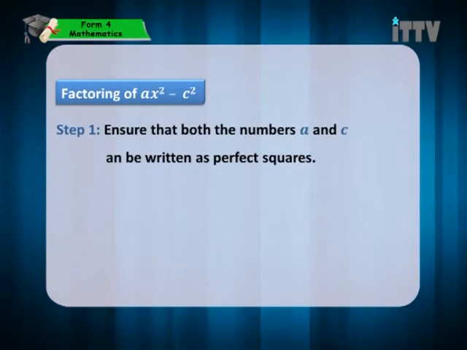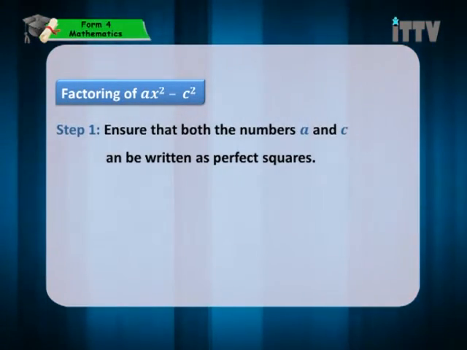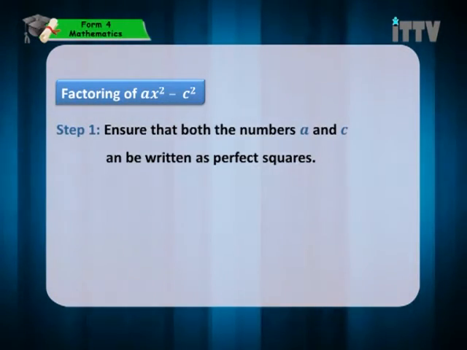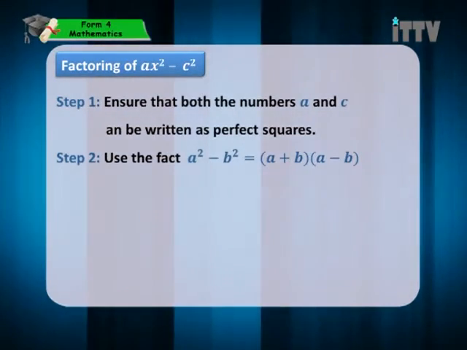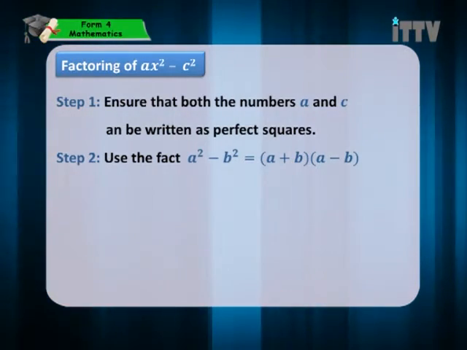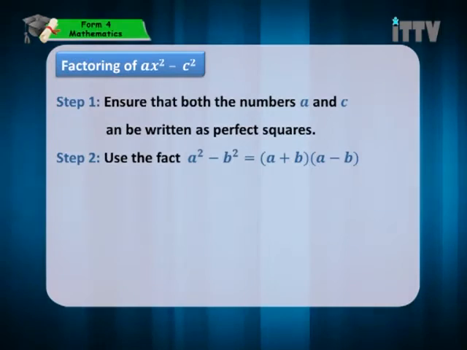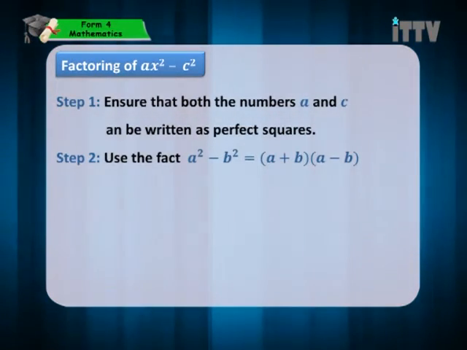For step 1, ensure that both the numbers a and c can be written as perfect squares. Step 2, use the fact a square minus b square equals to a plus b, a minus b.